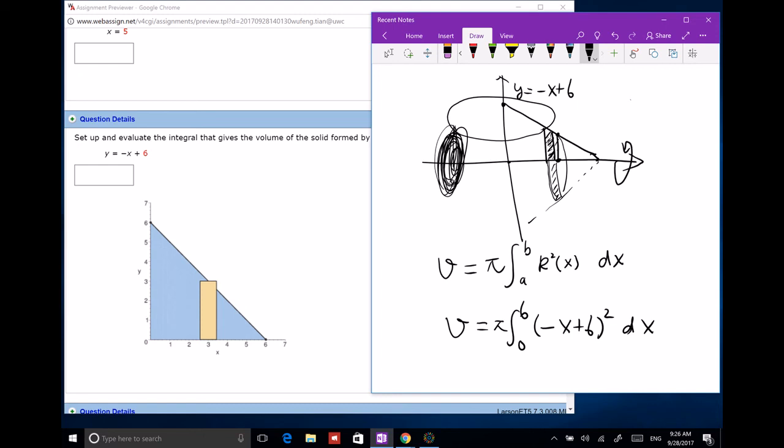Use your pen, revolve one vertically like this, about the y-axis.